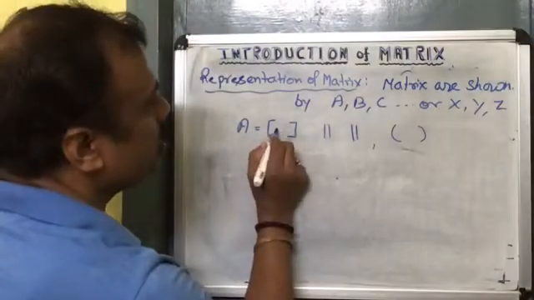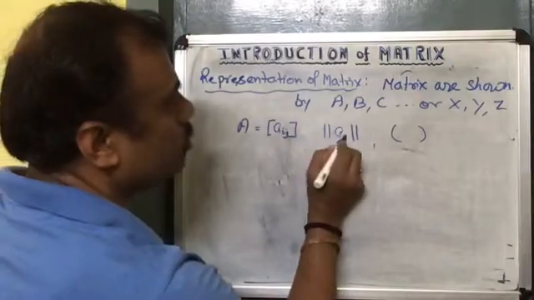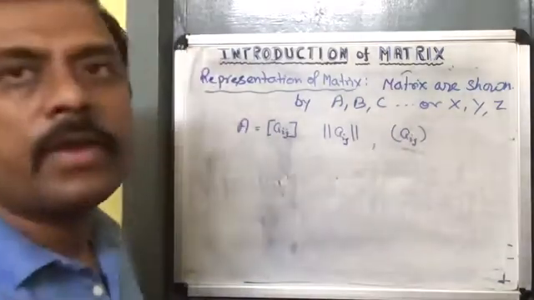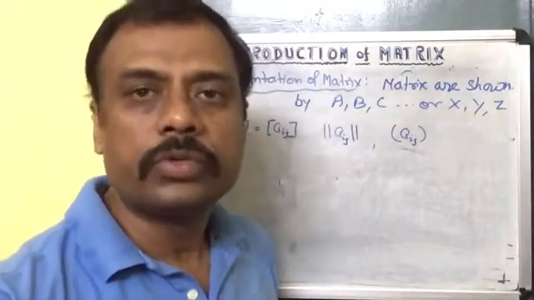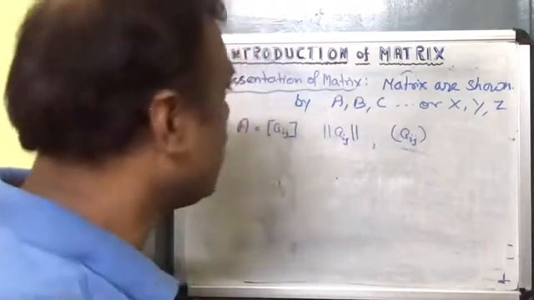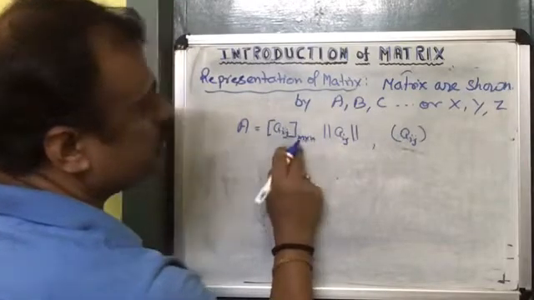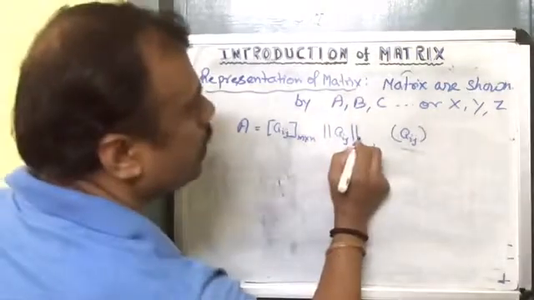Here I will mention the general element aij. Here also you can mention. Here also you can mention. And with this we have to mention how many rows and how many columns are there in a given matrix, and that will be represented by m cross n, or this is called m by n.